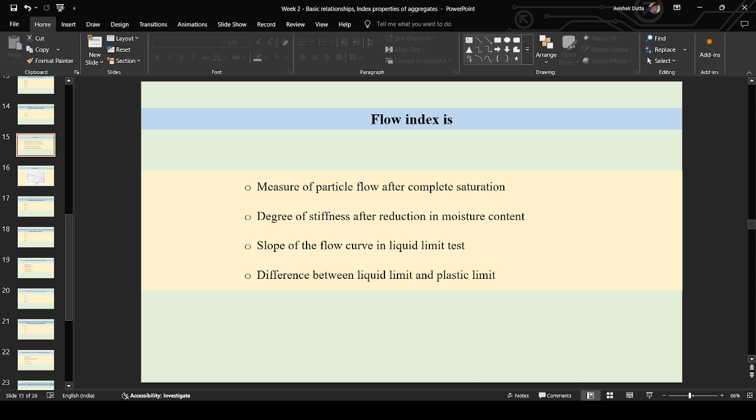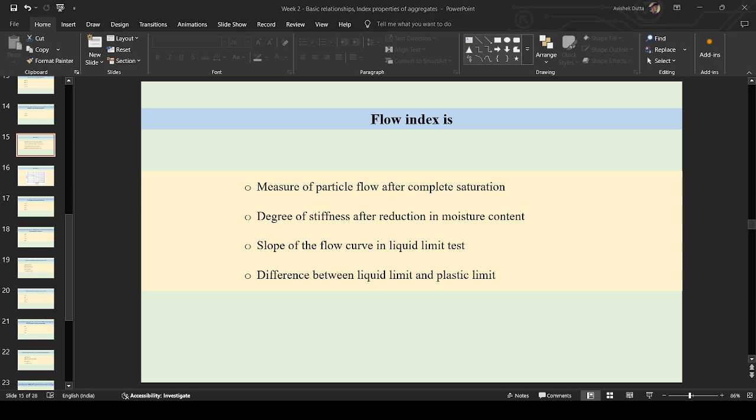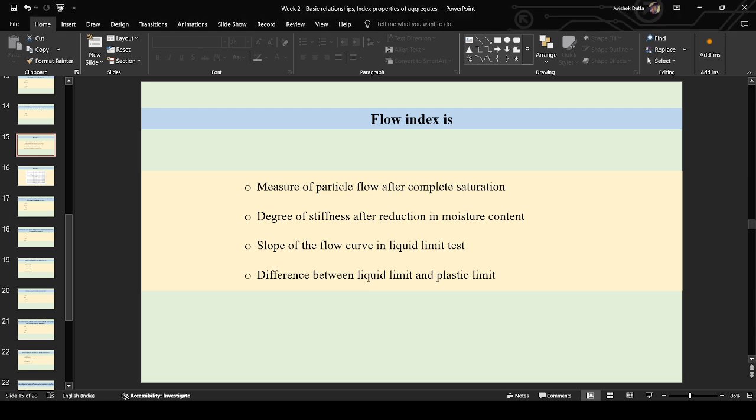Option 4, difference between liquid limit and plastic limit. I hope it was clear. This is basically the definition of flow index. You have to say which option is the correct definition. Okay, next question.